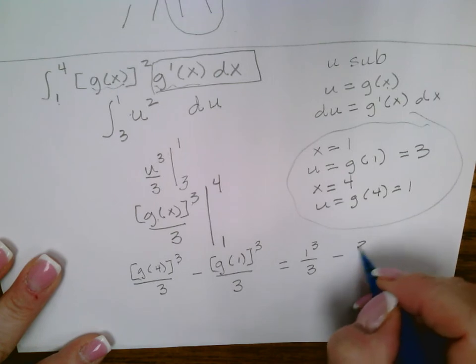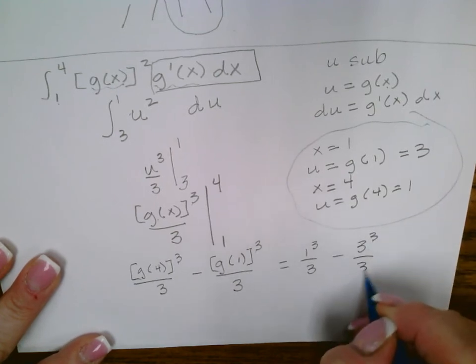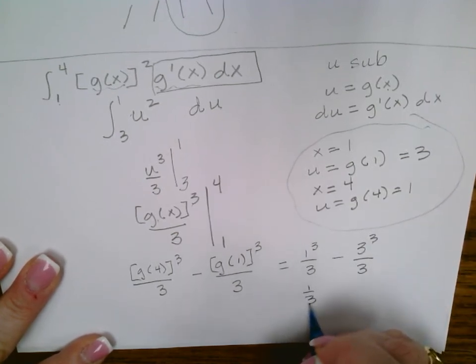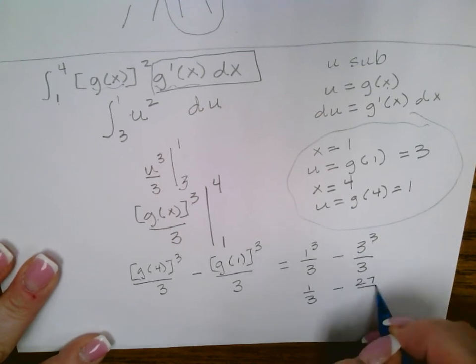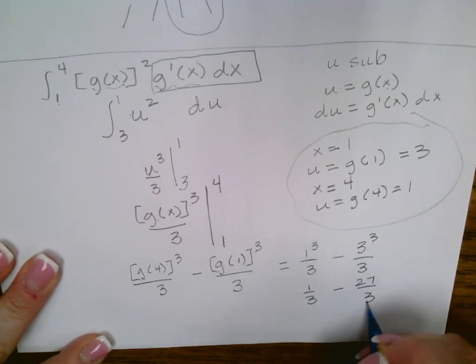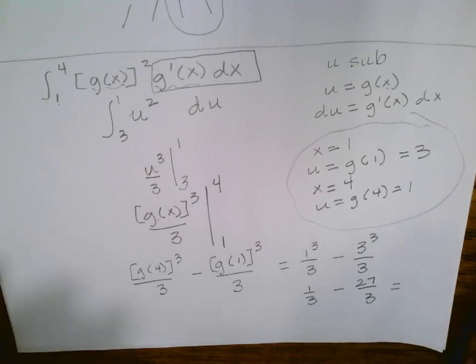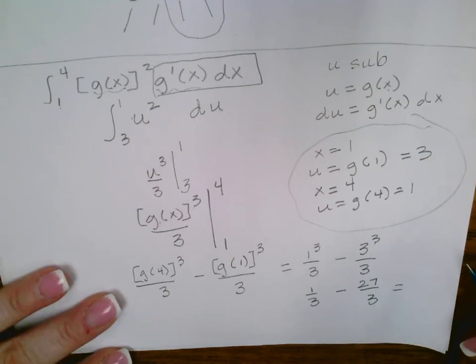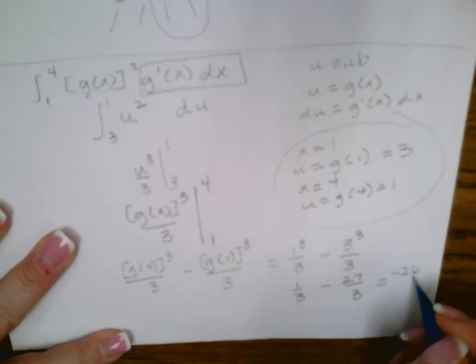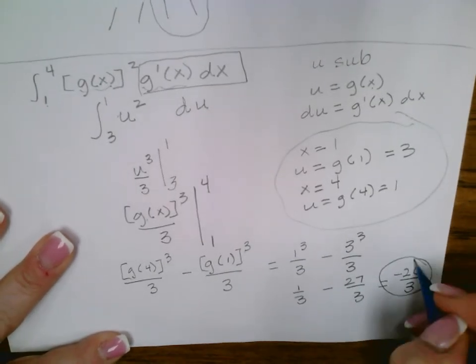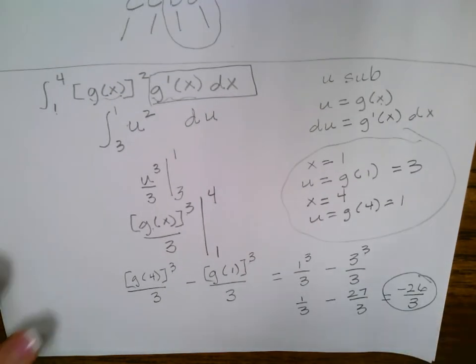G of 1 is 3. So you'd have 1 cubed over 3 minus 3 cubed over 3, excuse me, is negative 26 thirds. So that's how that looks.